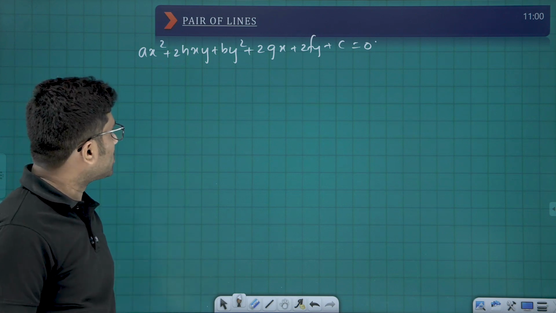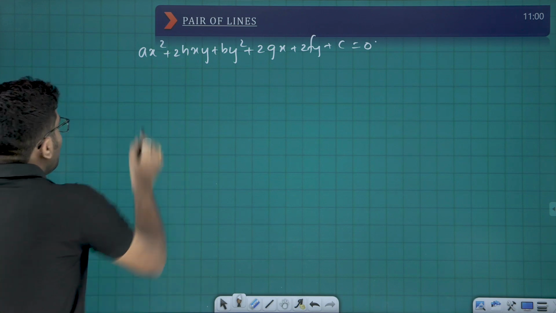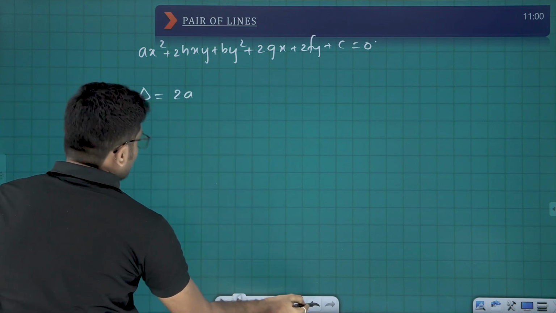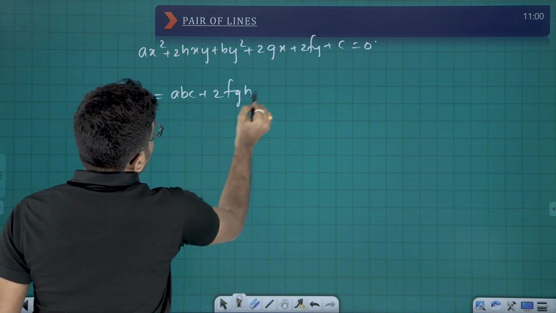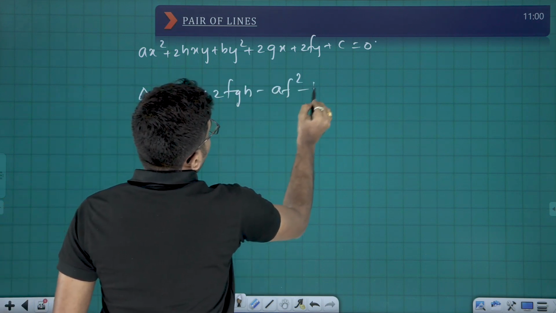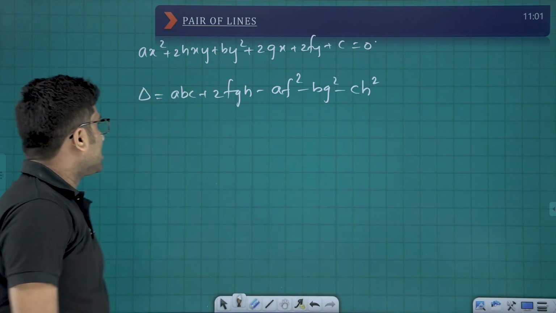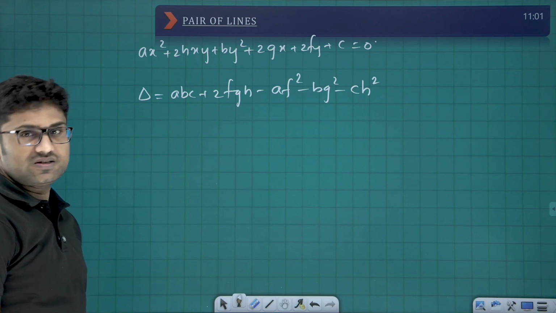We have a factor called delta. Delta is abc plus 2fgh minus af square minus bg square minus ch square. Clear? Delta equals abc plus 2fgh minus af square minus bg square minus ch square.